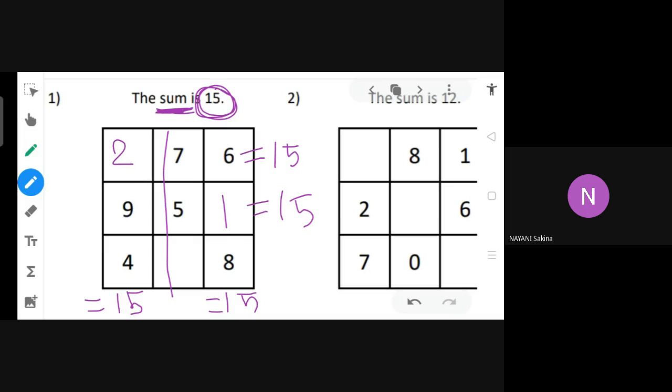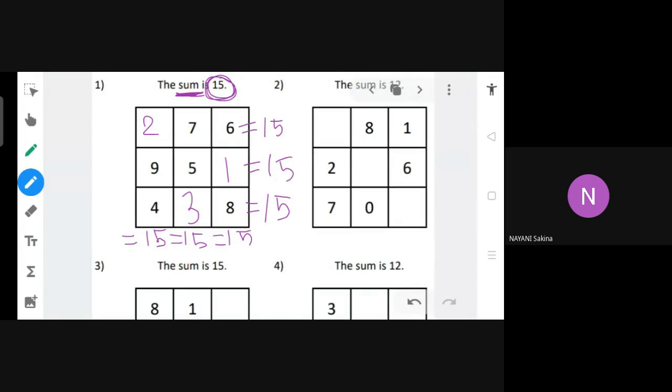Then this also you can do: 7 plus 5, and how many more to make 15? Here 3 will come. Then you can see this way also: 4 plus 3 plus 8, 15. So now you can see we have filled these boxes in a way that the sum is 15, whether horizontally or vertically.